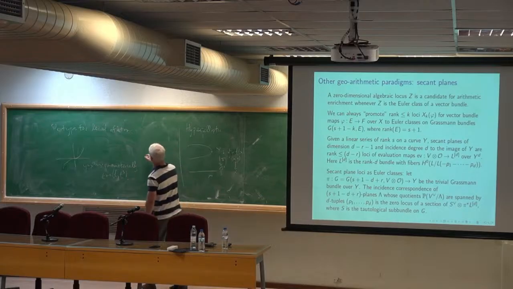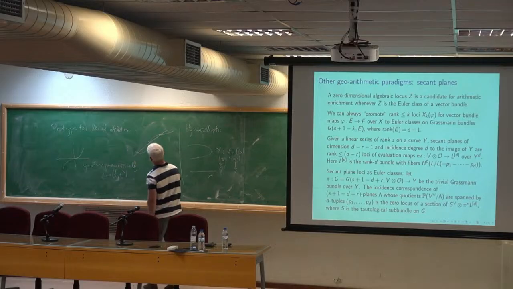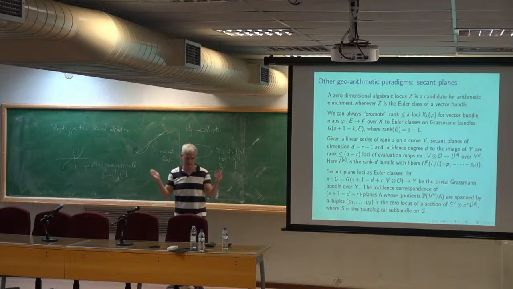So for example, a secant line would be something like this. This would be a tri-secant line with a curve. But in general, we're going to be interested in situations where the linear subspace has arbitrary dimension.